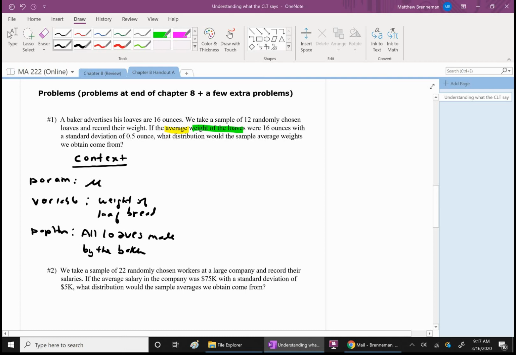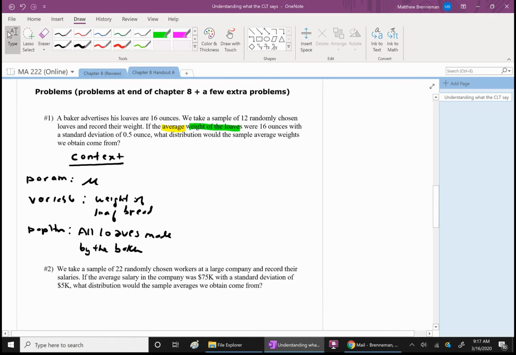And now that lets us put a finer point on what the parameter is. So mu is going to be the average weight of all the loaves of bread made by the baker. Or we'll say the average weight of all the loaves made by the baker.